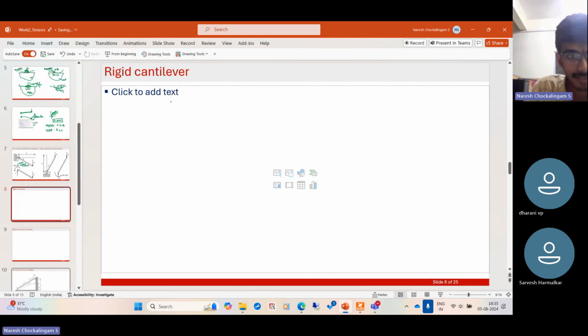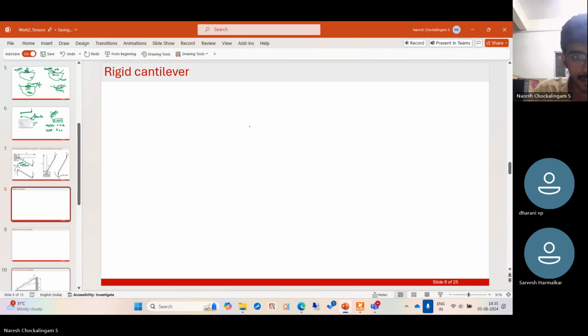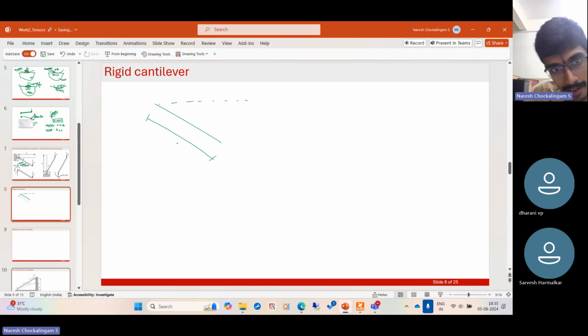Let us analyze this. Here you have the original length, and this length is L. This angle is theta. You have a force F here. You have a moment M acting here, and you have a downward force F here. So this has to be in equilibrium.